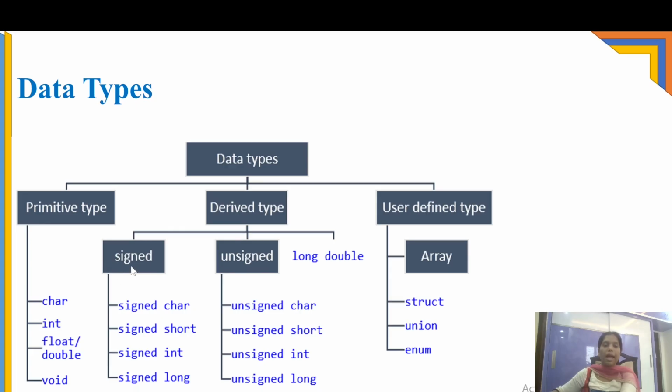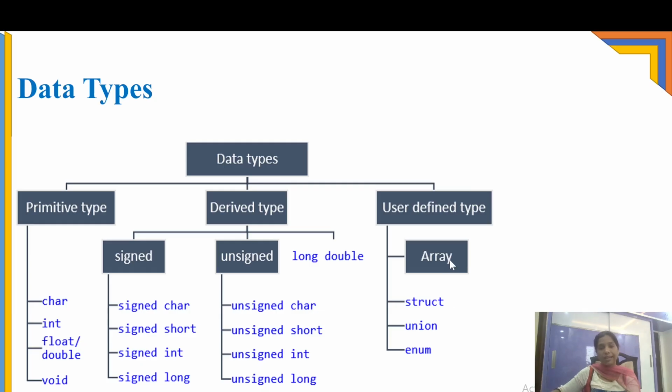Signed means it can have both positive and negative values, shown as minus or plus. Unsigned means we don't have negative values, only 0 and positive values. So the primitive data types are divided into signed and unsigned: signed char, unsigned char, signed int, unsigned int, signed long, unsigned long, like that.